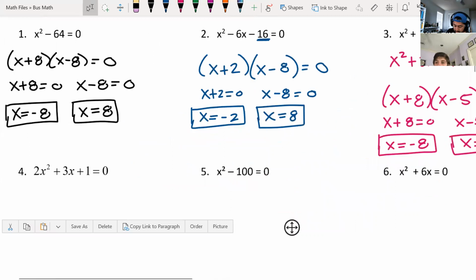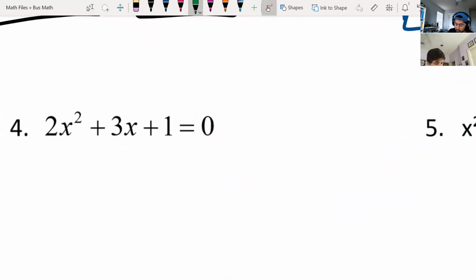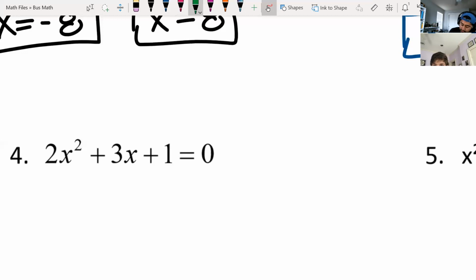Okay. Let's keep going. Number 4, 2x squared plus 3x plus 1 equal to 0. Again, factor it. So this one, you have to worry about the factors of the leading coefficient, and you have to worry about the factors of the constant. And of course, the signs.